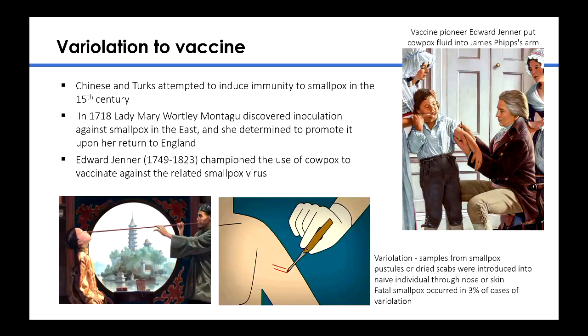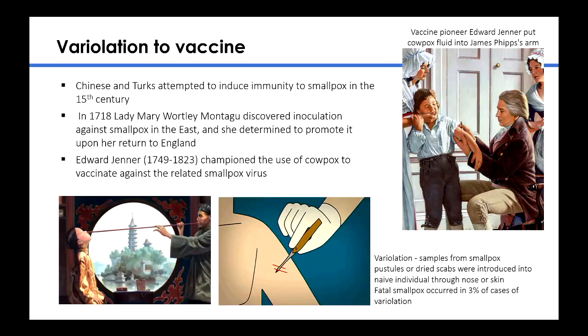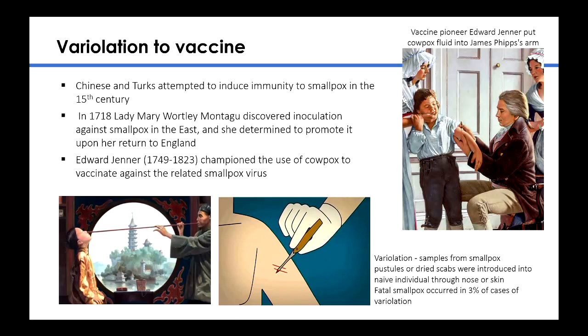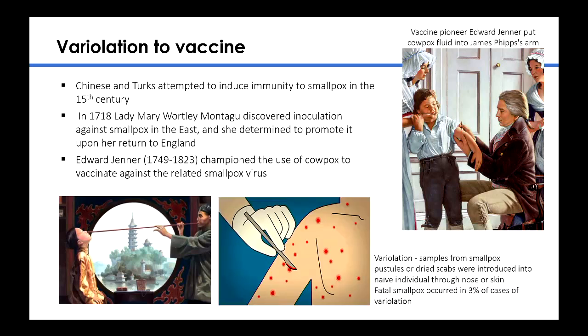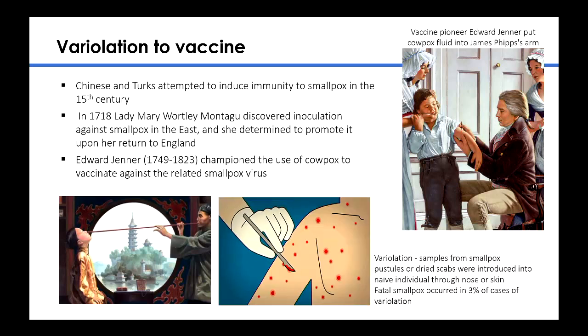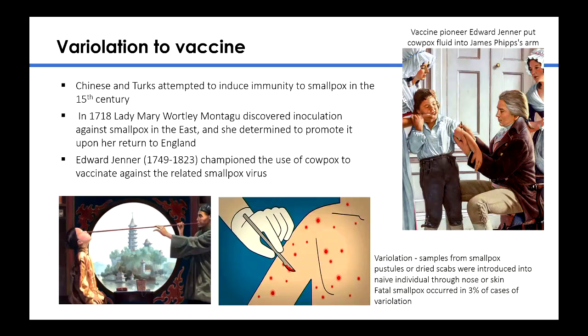Anyways, with the cowpox virus, that didn't pose an issue because it would have just benign lesions sometimes. In the milkmaids, for instance, it was really only on the hands where they were touching the cows to collect the milk.